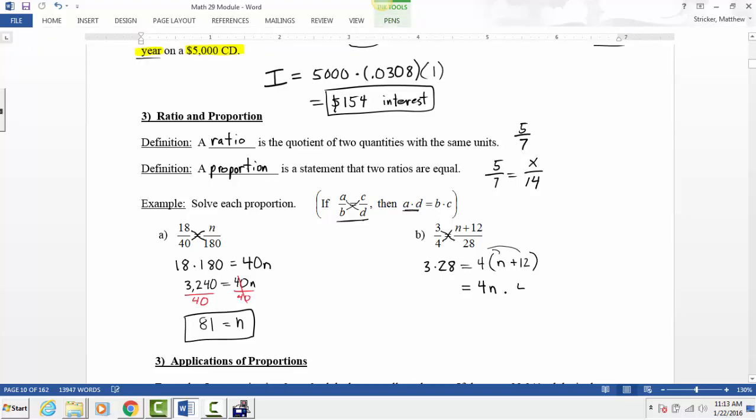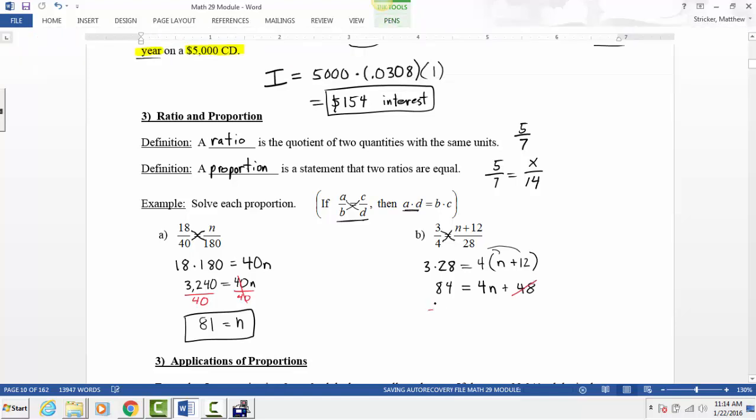So we have 4n plus 48. So we have 3 times 28. 3 times 28 is what? 84. And we know how to solve this. We're going to move that 48 to the other side, right? When we move it to the other side, it becomes a negative 48.